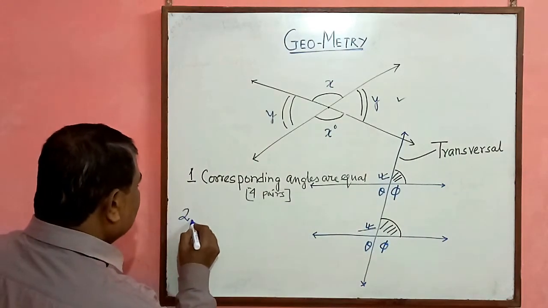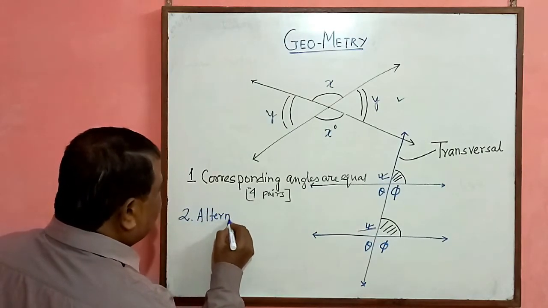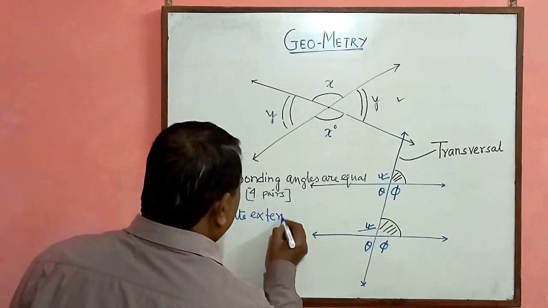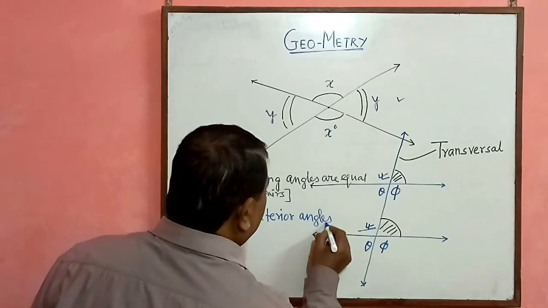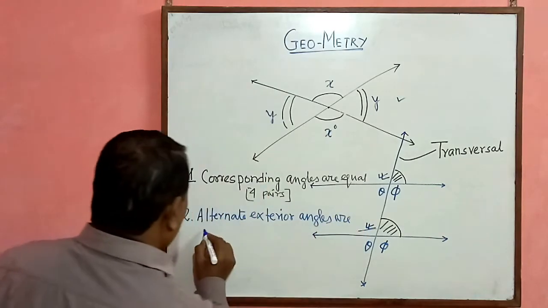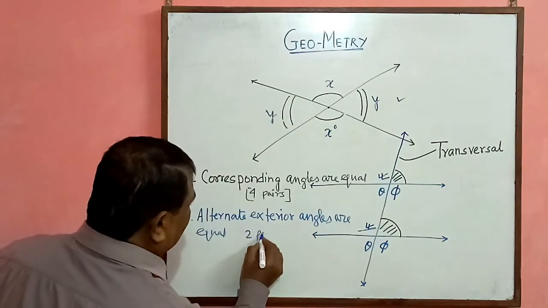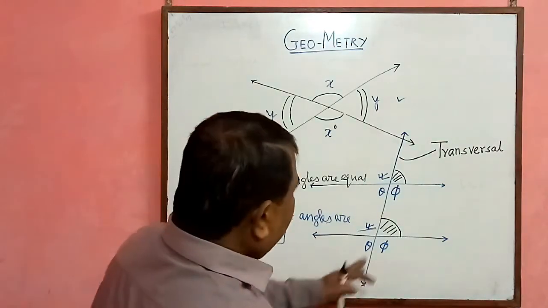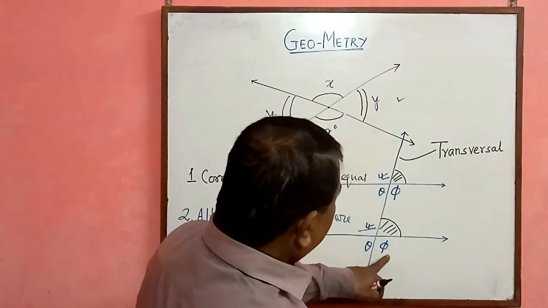Number 2, alternate exterior angles are equal. 2 pairs. You see, this angle will be equal to this angle.